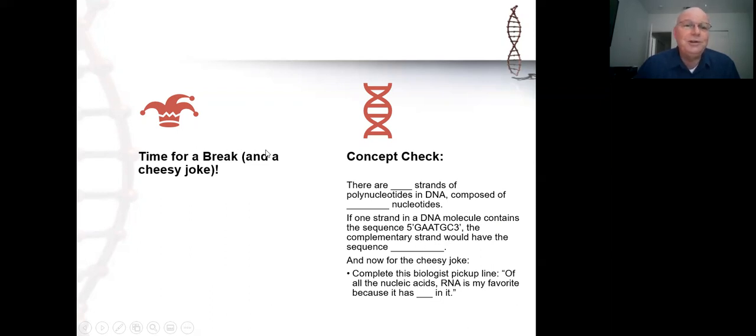And as I said, time for a break and a cheesy joke. Yeah, this one's about as cheesy as they get. Complete this biologist pickup line. Of all the nucleic acids, RNA is my favorite because it has blank in it. Give you a few seconds to think this one through.